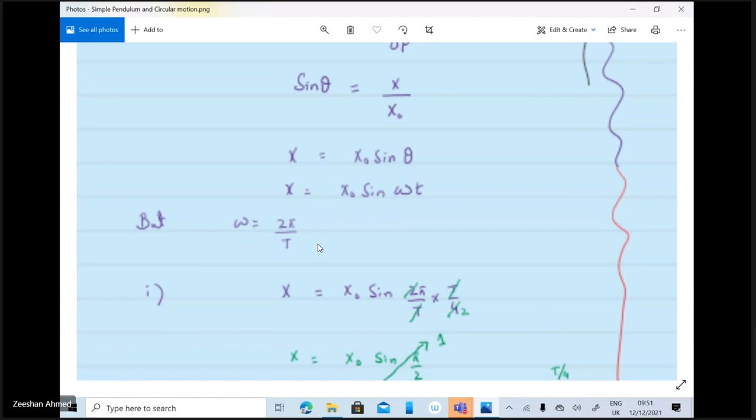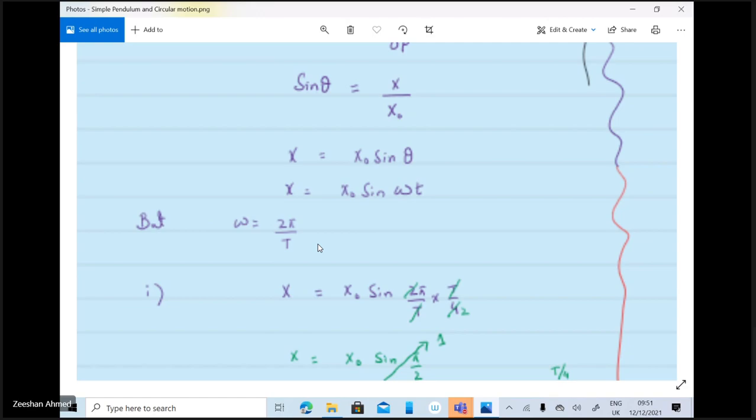So what is left? x naught sine 3 pi by 2, and 3 pi by 2 is 270 degrees. x naught sine 270 degrees. You can check on a calculator that sine 270 degrees is equal to -1. So -1 multiplied by x naught gives minus x naught. And what is the last case?